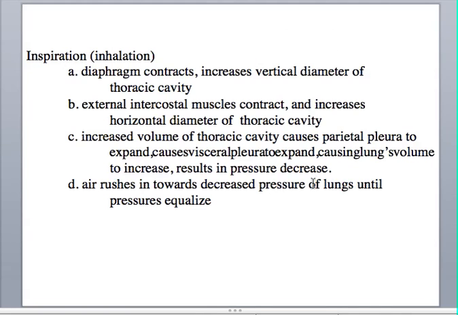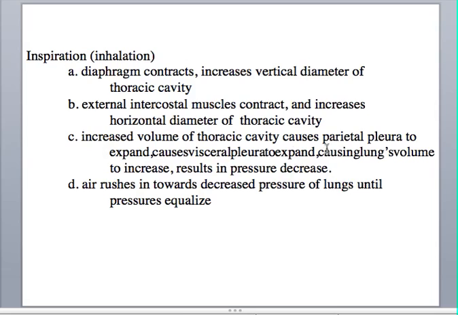So again, just an explanation of these steps. In the process of inspiration, the diaphragm contracts, increases the vertical diameter of your thoracic cavity. Your external intercostal muscles, those are the ones in between your ribs, will contract and increase the horizontal diameter of your thoracic cavity.